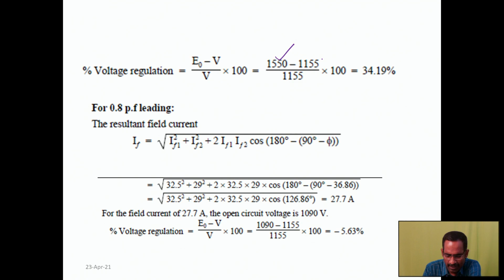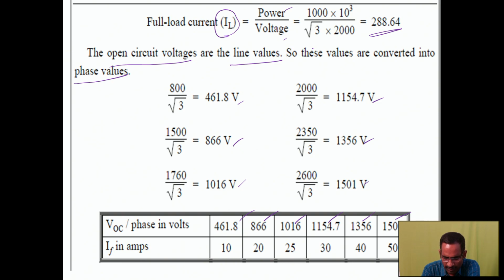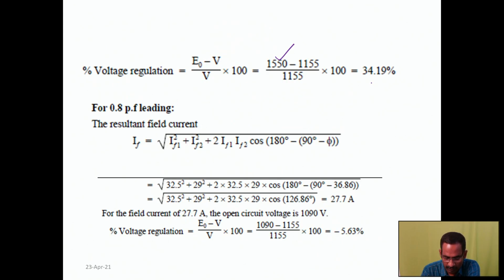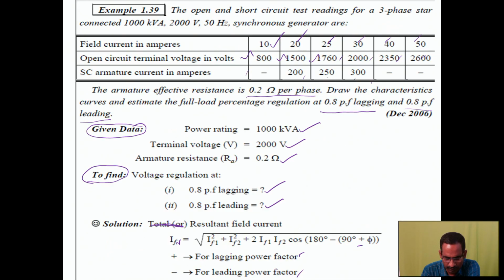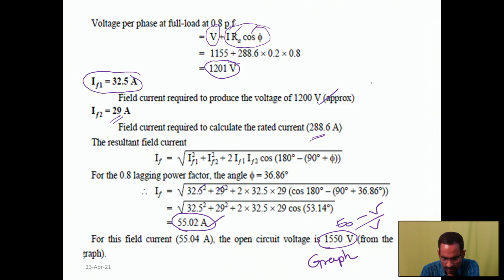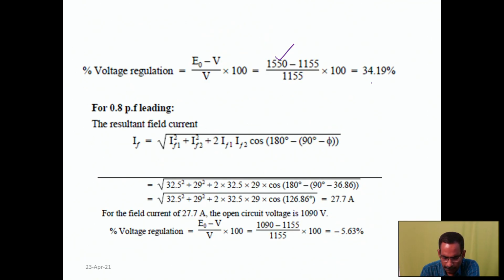So the open circuit voltage per phase is... 2000 volt, 2000 divided by root 3, 1154. Yes. So for that 1154, if you substitute in this, you will get the regulation for the lagging power factor.